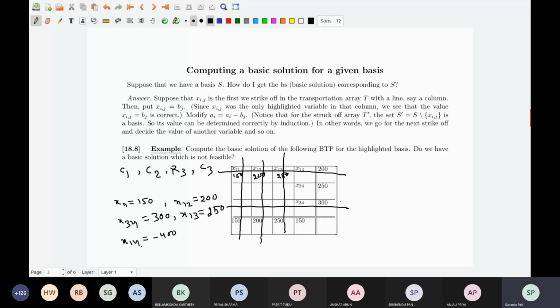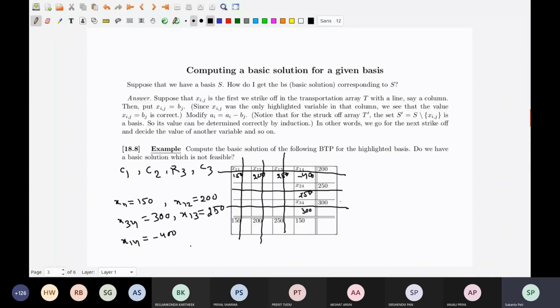Then this value has been selected to be 300, and this has to be satisfied. Next I am selecting this one, and this has to be satisfied, so this is 250. And the non-basic variables are of course 0.